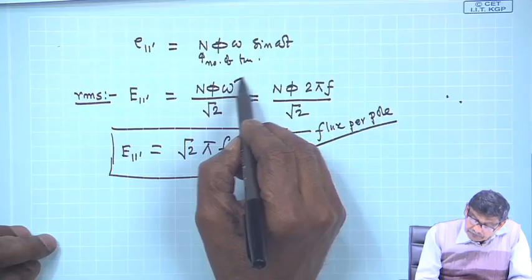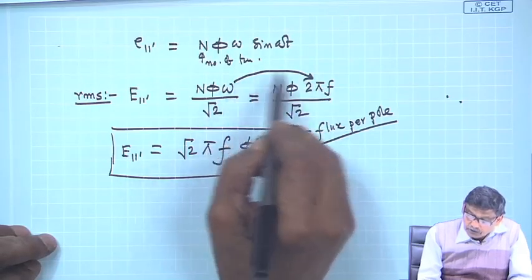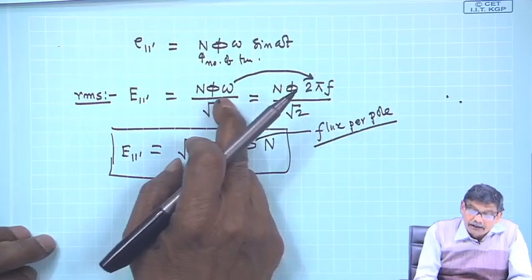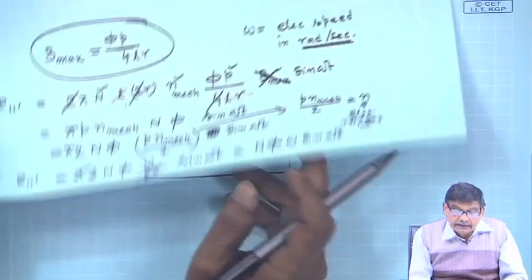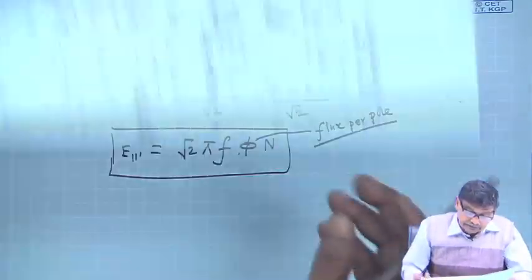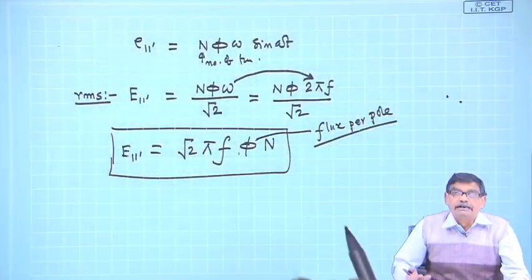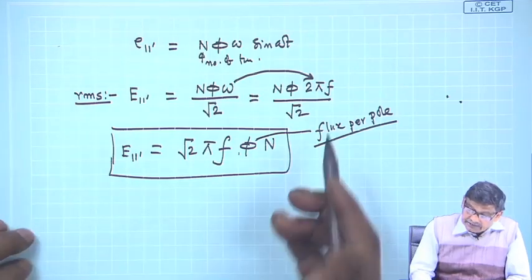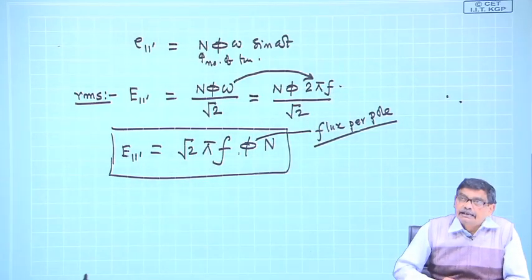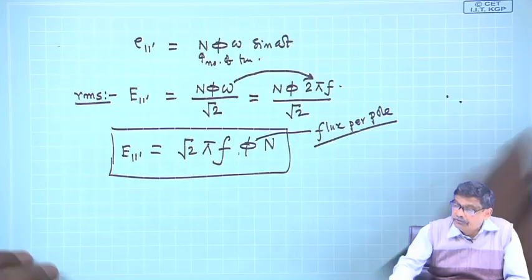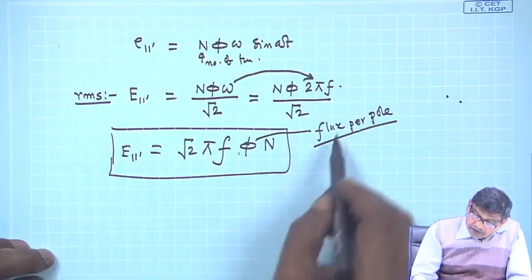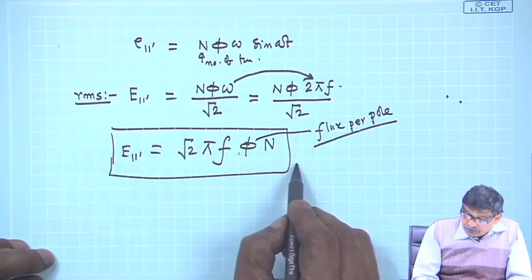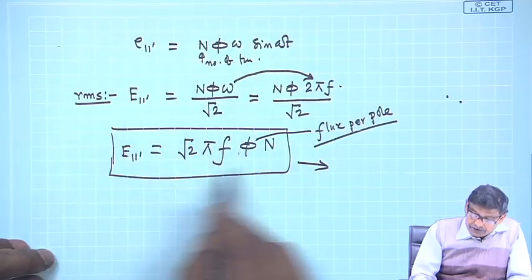Mind you, going from omega equal to 2 pi f, what is omega? Omega is the electrical speed in radian per second, and that decides what is the frequency of the AC voltage generated. We have told you earlier. Therefore, this is the most fundamental expression of induced voltage.